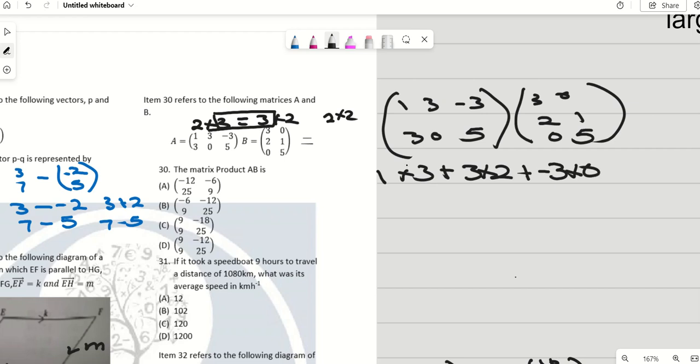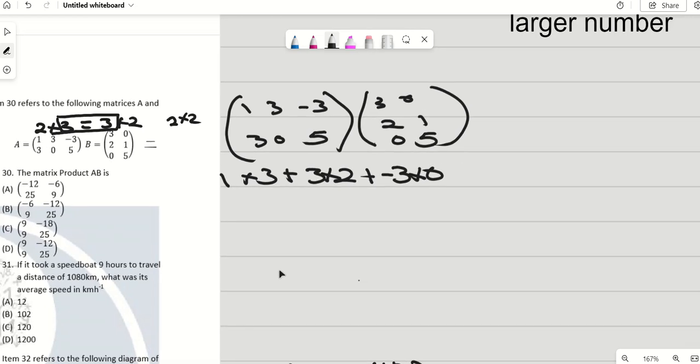Right? So it's row by column, and then that first row again by the second column. So again, it is 1 multiplied by 0 plus 3 multiplied by 1 plus minus 3 multiplied by 5. So it's row by the first column and row by the second column, right?